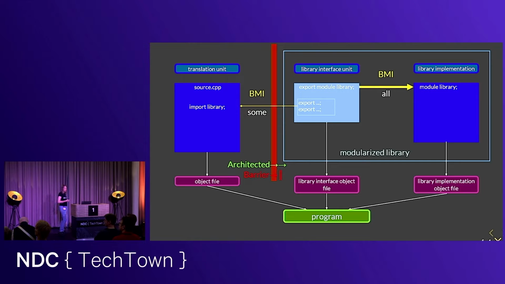So the interface of a library is no longer a header, but an interface unit, a translation unit just as any other. And the benefit of that is it doesn't start the compilation and the meaning of the text in there with something that has happened before the textual inclusion, but it starts right out from the beginning of the compilation.